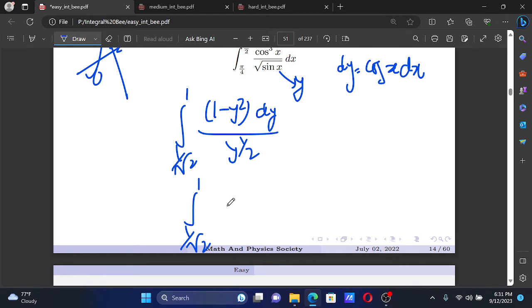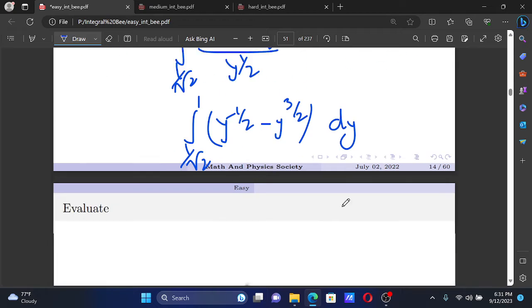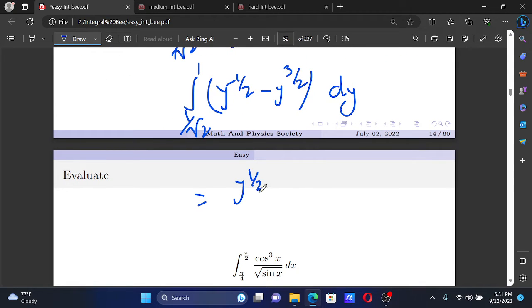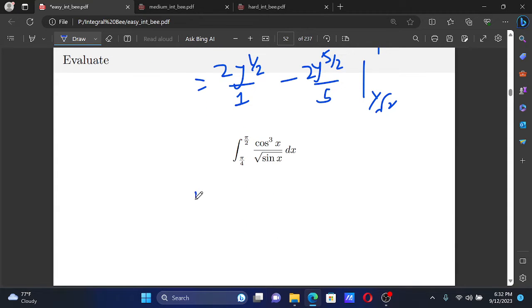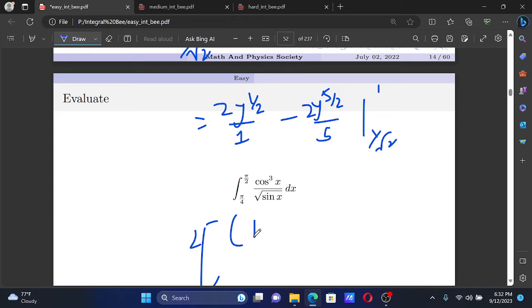And since we have y to the power minus 1 by 2 minus y to the power 3 by 2 dy, now this is just y to the power 1 by 2 by 1 by 2 minus y to the power 5 by 2 by 5 by 2 from 1 by root 2 to 1. And now you can just find it yourself, or let me do it. 2 times this one is, when we evaluate it to 1, this is 1 minus 1 by 5.